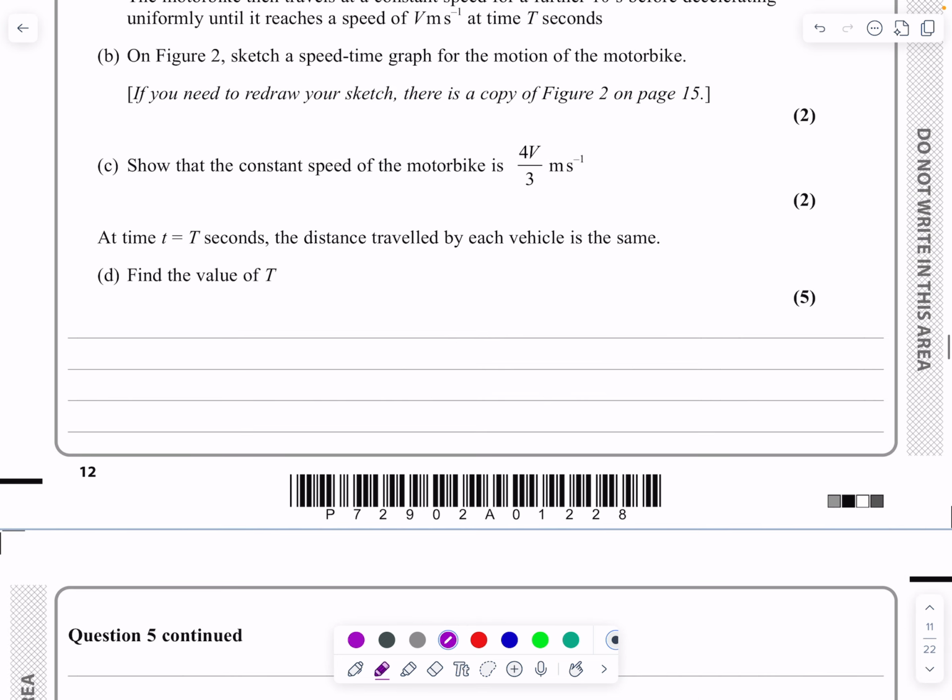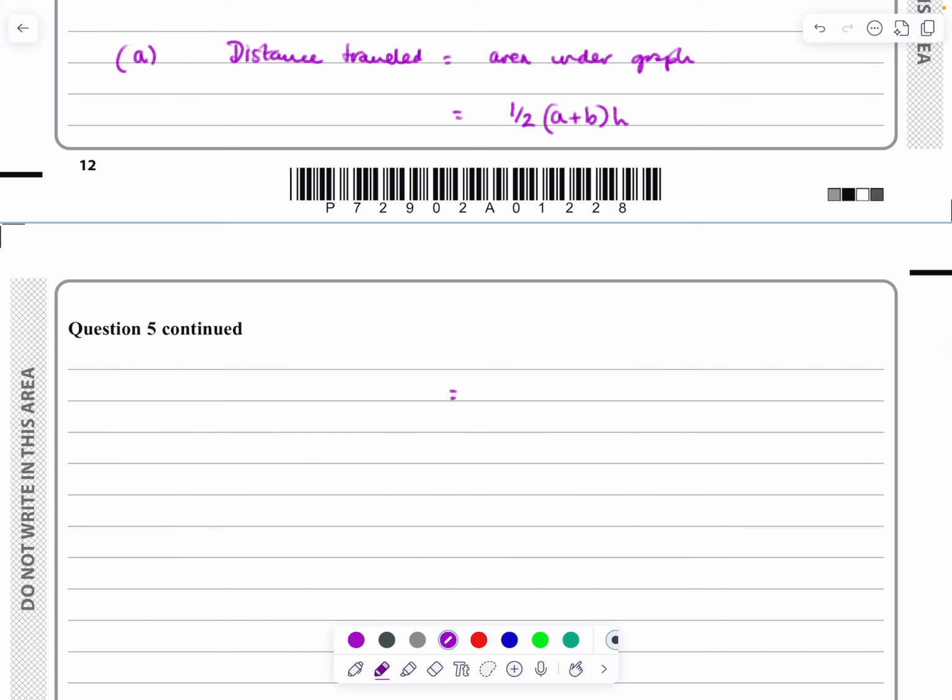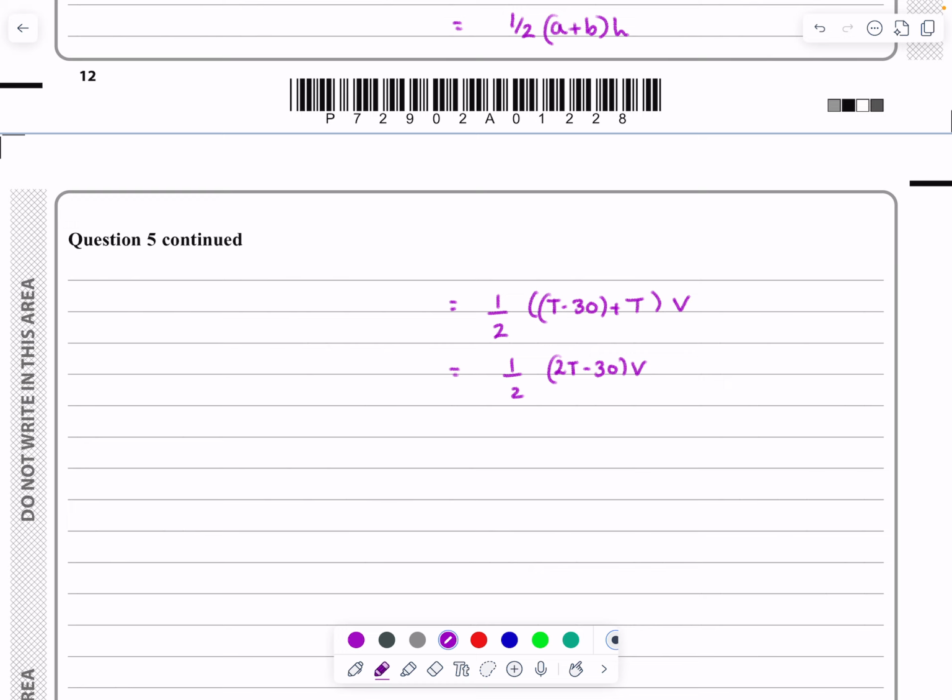So if I want to show this to the examiner, then I'm going to say that the distance travelled equals area under the graph, so equals the area of the trapezium, half a plus b times h, and that's half, one of the lengths is t minus 30, the other length is t, all multiplied by v, so that works out to be a half 2t minus 30 times v, and 2t minus 30 divided by 2 is t minus 15 times by v.